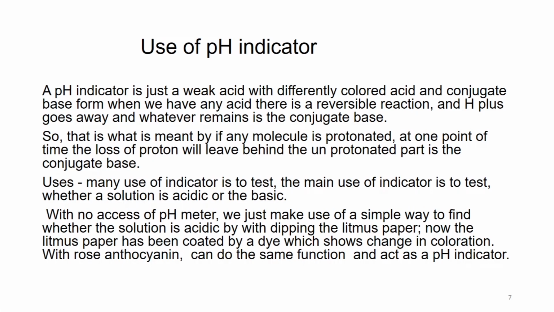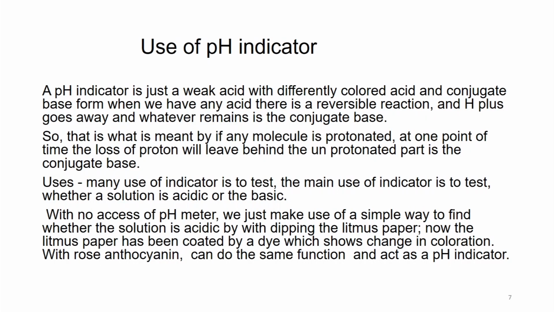So, that is what is meant by: if any molecule is protonated at one point of time, the loss of proton will leave behind the unprotonated part as the conjugate base. Uses.